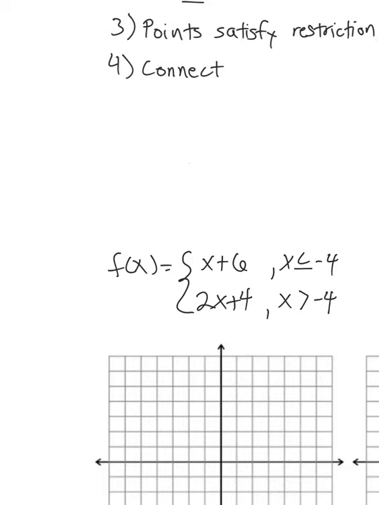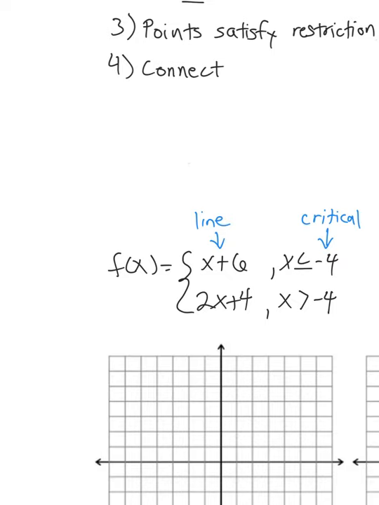First things first, let's look at our critical points. These here are critical points. And this here is going to be our line or our function. It doesn't necessarily have to be a line. It could just be a curve, depending on whatever it is that we're working with.